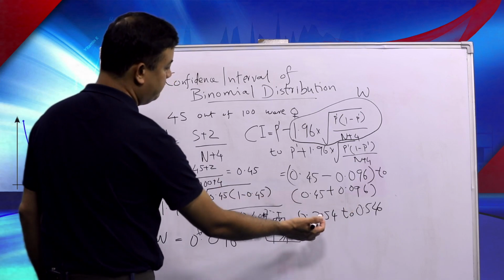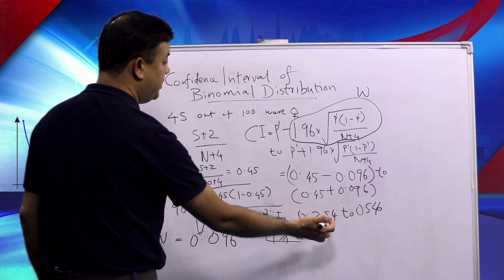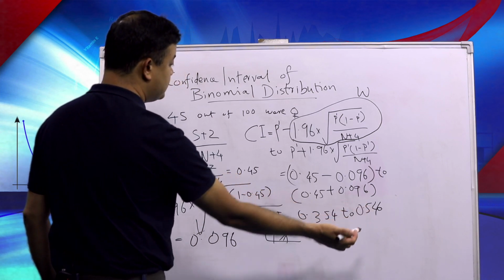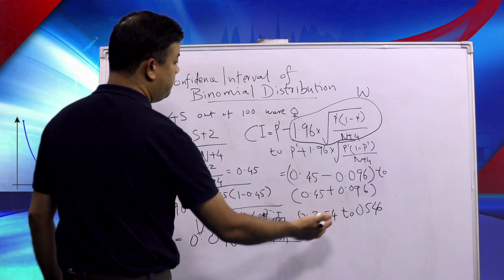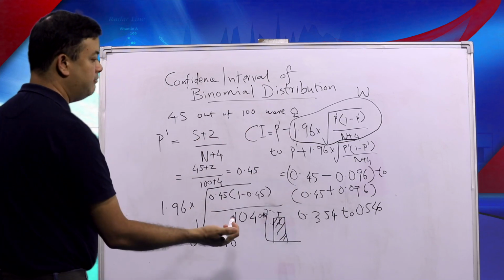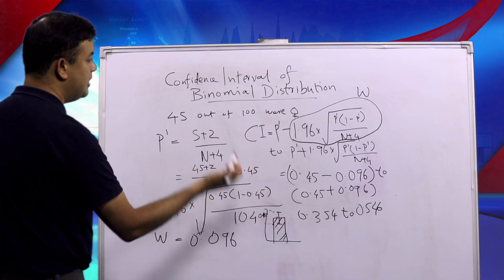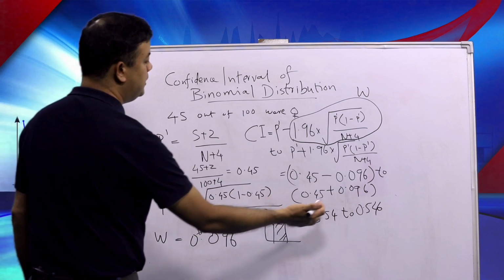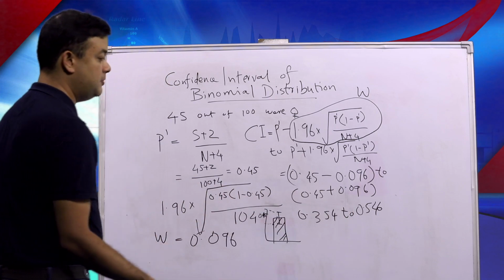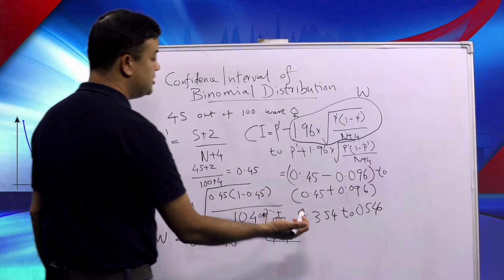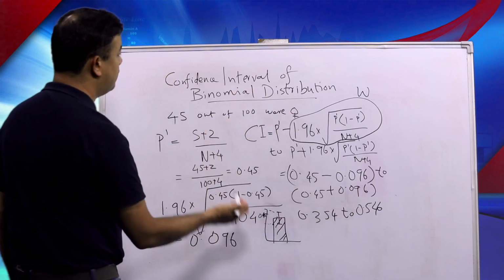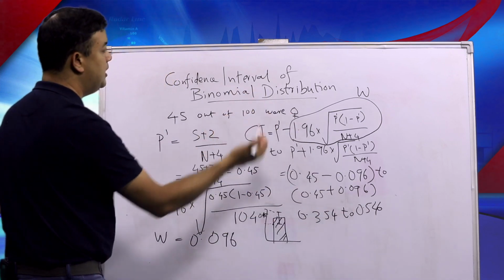That means it could be 35.4% of females in the Punjab population to 54.6% of females in the Punjab population. It can be anywhere. That means if I redo the same sampling 100 times, 95 times the true population mean, which remains unknown, will be between these two estimates. That also means that 5% of the time this will not contain the true population mean. That is the meaning of the confidence interval of the binomial distribution.